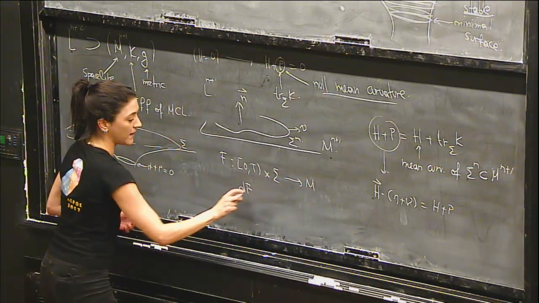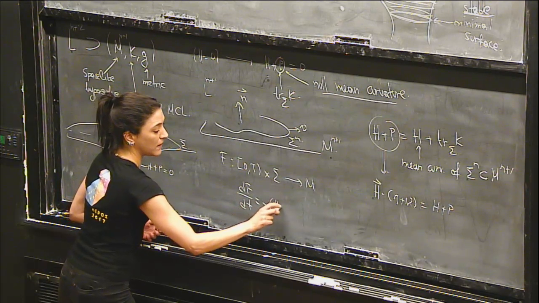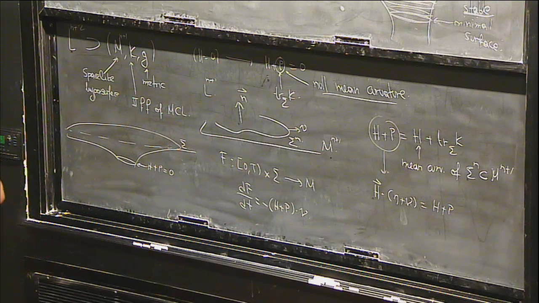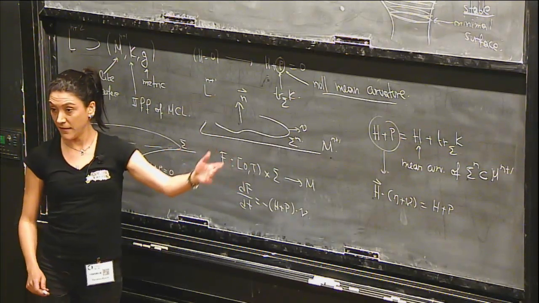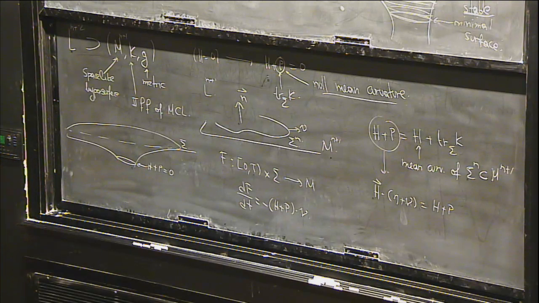So this would be motion with speed equals H plus P. And hope that I can let t go to infinity, and the limit will be this guy. Okay. Now, in general, no mean curvature flow satisfies an avoidance principle.